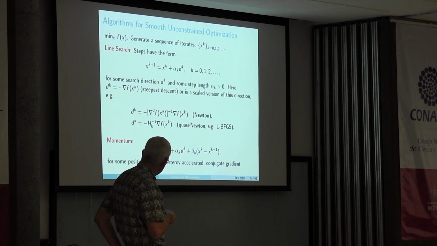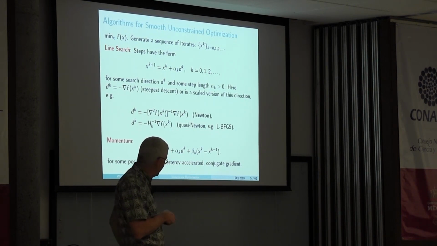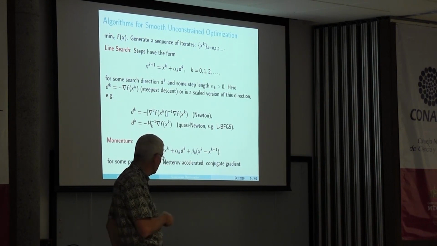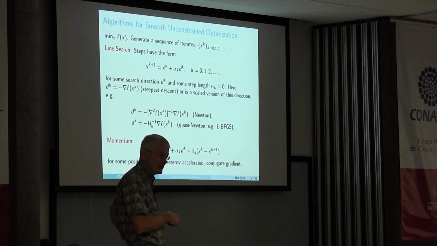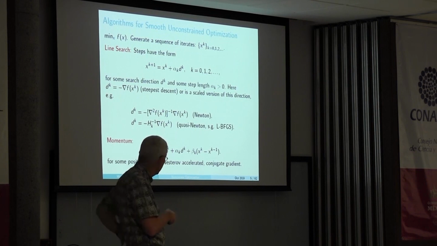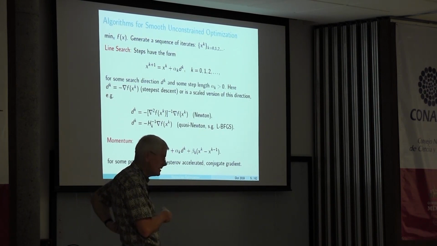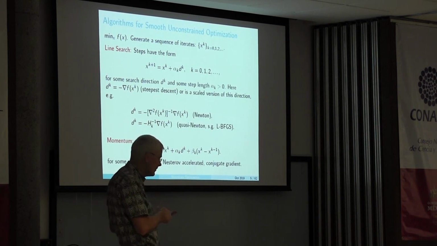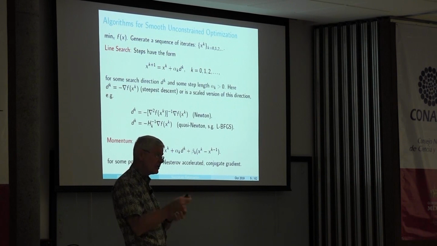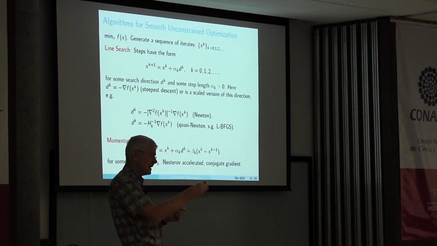But there's a very clever variation on this called momentum type methods, and the famous Nesterov accelerated method is one of these, and conjugate gradient is another one. I'll talk about that more in the next slide. So with momentum methods, you don't just take a step in the direction dk, which could be a negative gradient again, but you also add on a component of the previous step that you just took, the one from xk minus 1 to xk.